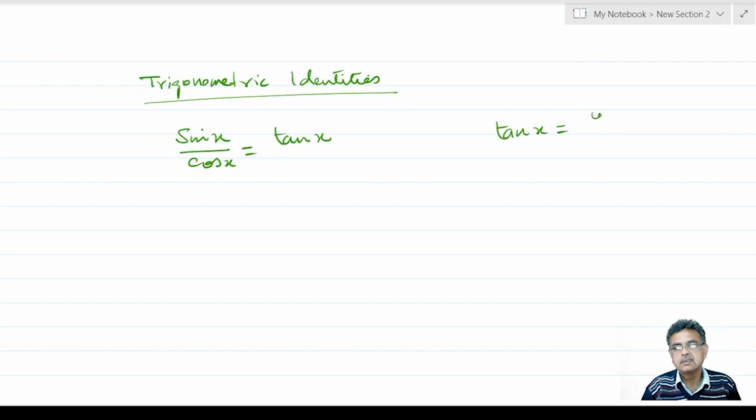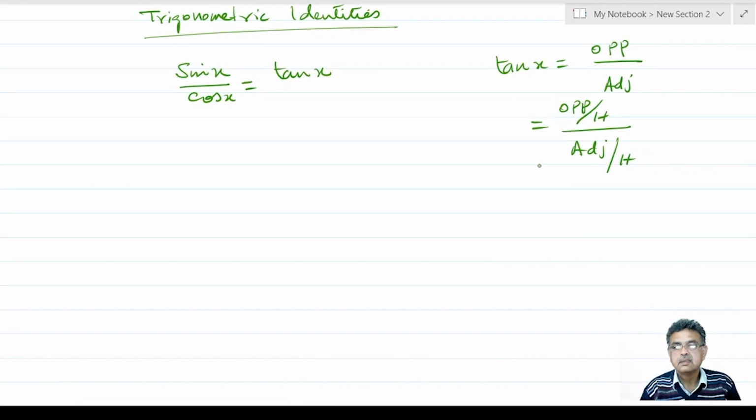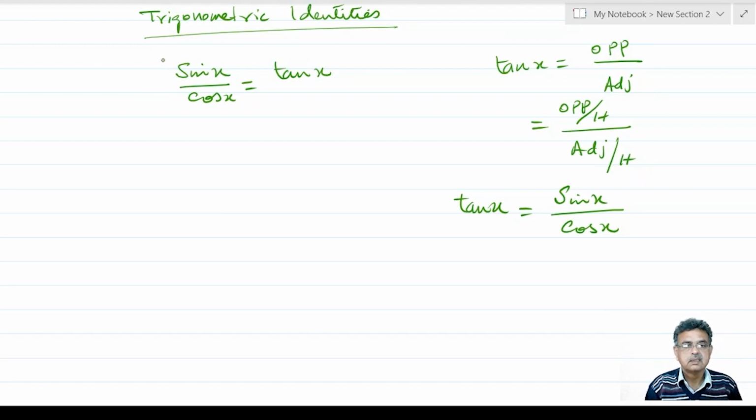You know, sin x is equal to opposite over hypotenuse. So if both opposite and adjacent are divided by hypotenuse, then opposite over hypotenuse is sin x and adjacent over hypotenuse is cos x. So that is equal to tangent x. Then this is the first identity, number one.